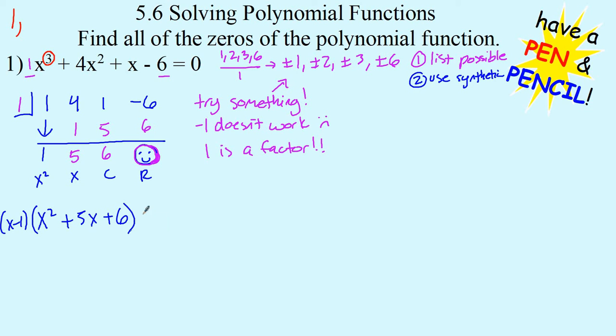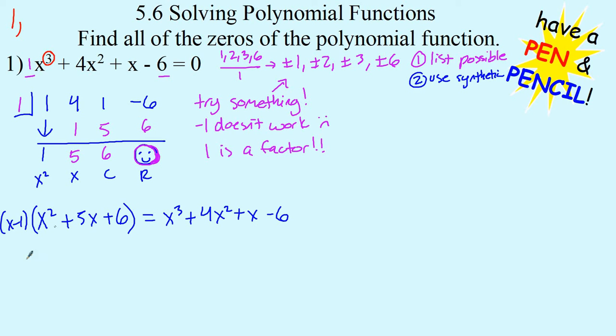X squared plus 5x plus 6 is the other part of our polynomial. So essentially we did just factor it, even though we couldn't have done that with grouping. So that's neat what synthetic can help us do.